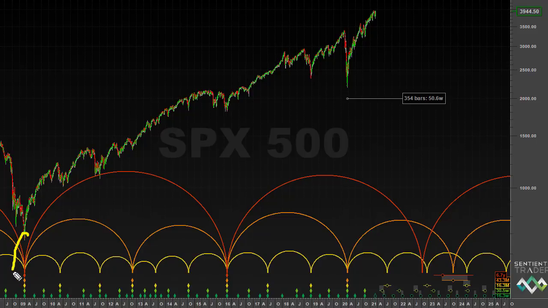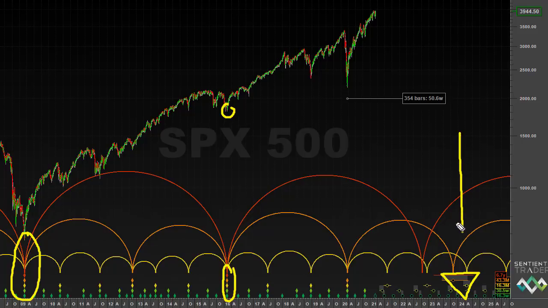Well, you can see that we have a long-term cycle, in this case a 9-year cycle, which formed a trough in 2009. The next 9-year cycle formed a trough here in 2016. And the next 9-year cycle that we're looking at is, of course, not formed yet, because it is only expected over here, where we have this triangle standing on its head.